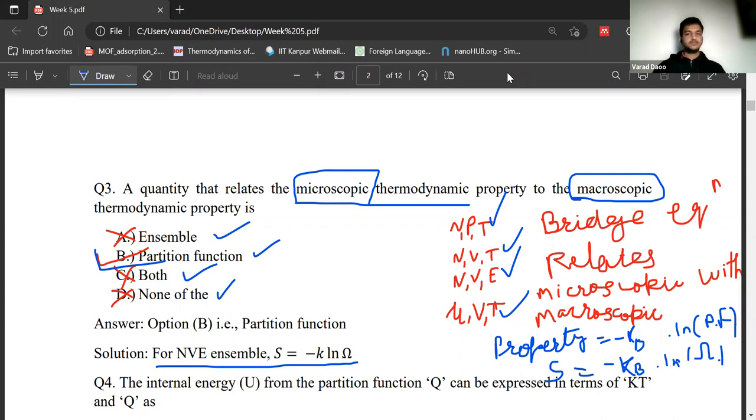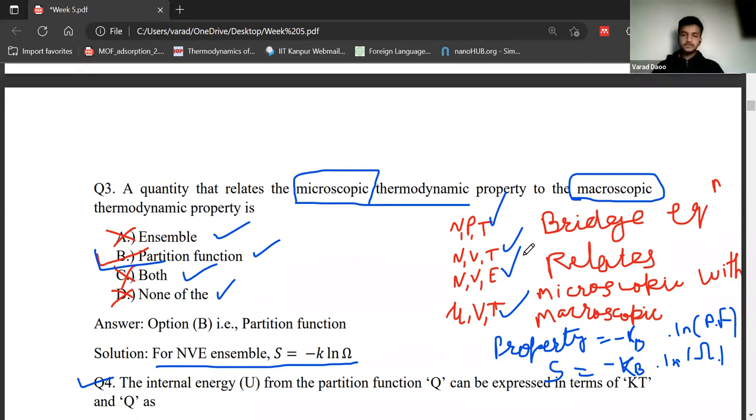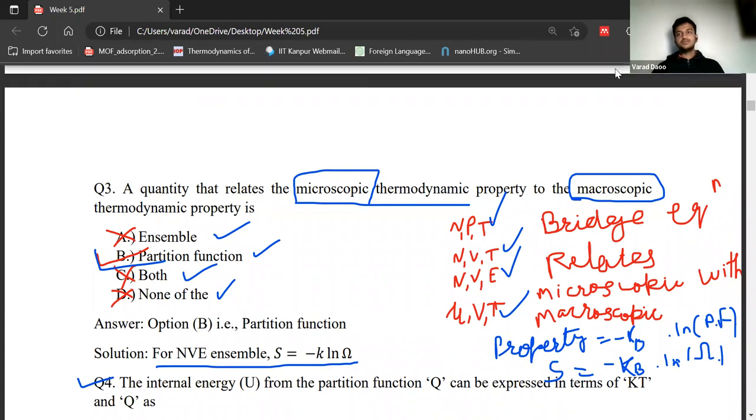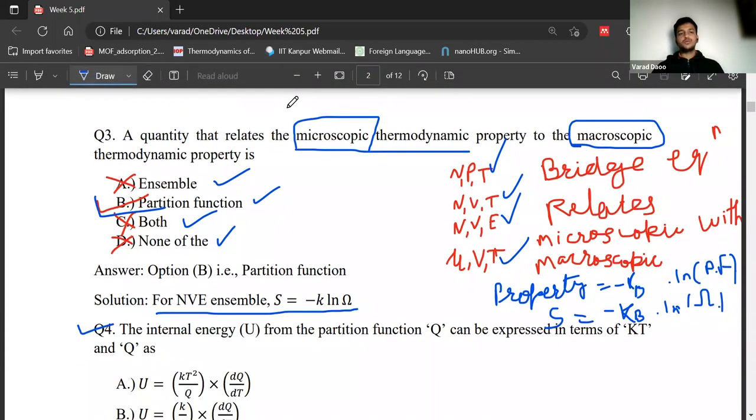For those who have solved and have no doubt, they can go for question number 4. I see no questions, so we'll move on to the next question.